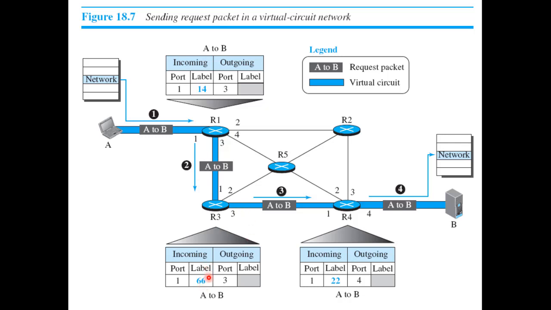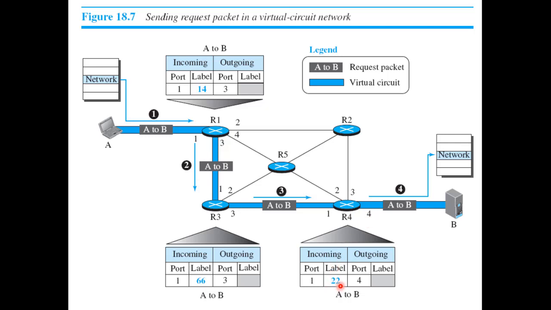It's a random number that it chooses. It sends the packet to R4. R4 does the same: the packet is coming from input port 1, it needs to forward it toward B on port number 4, and it chooses a random virtual circuit number, which is 22.